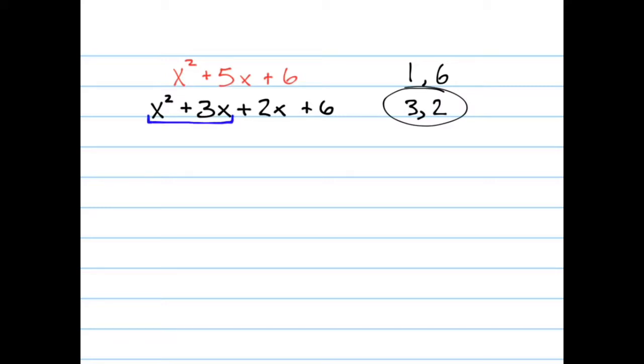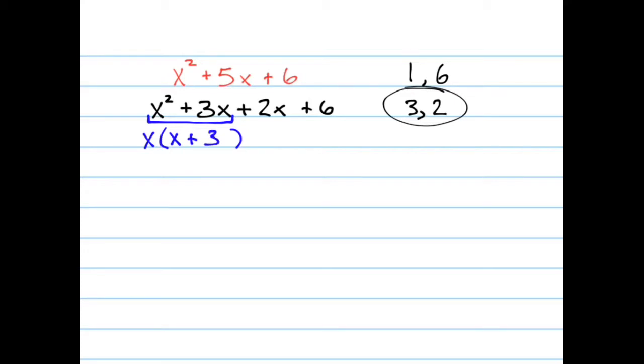We look at this first group. What do those two have in common? X. What are we left with when we factor x out? What do we get when we take x out of x squared? X. What do we get when we take x out of 3x? 3.